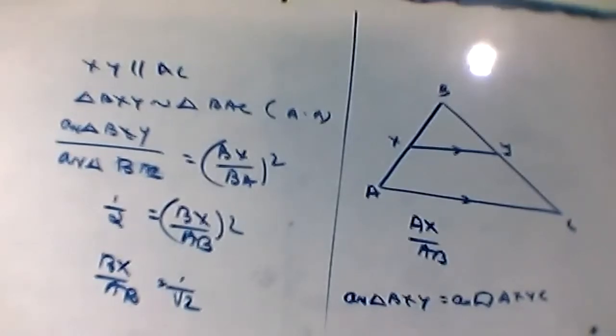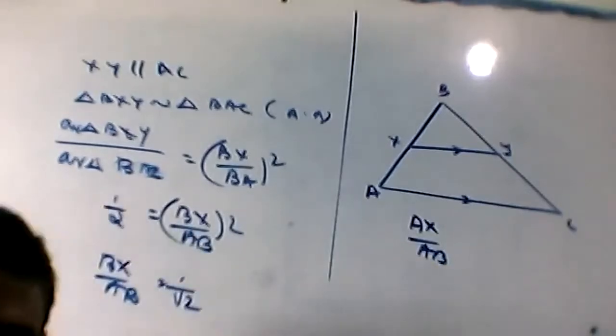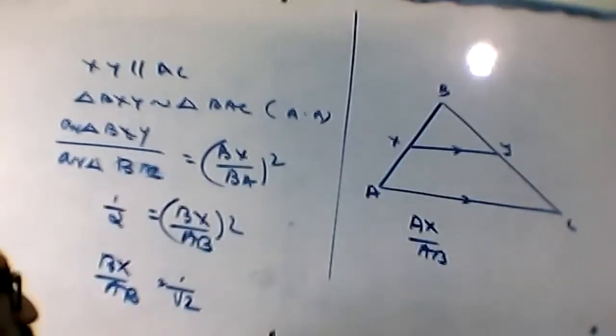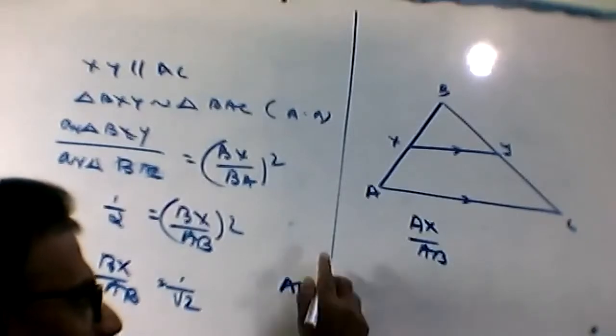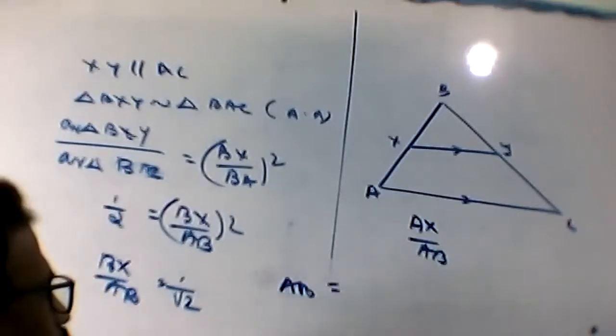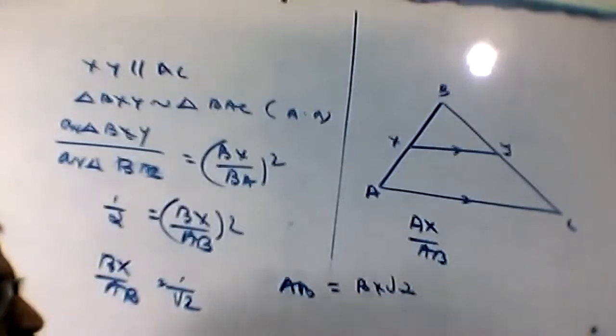What will we do? We can write AB equal to BX root 2. We want AX, not BX. What is your suggestion? AB minus BX. Yes.